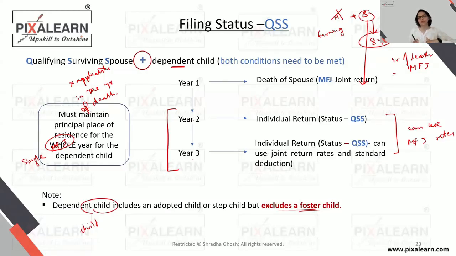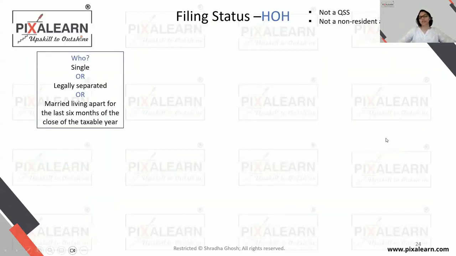For 2 years subsequent to the year of death, you can have a qualifying surviving spouse status, provided you must have maintained a house which for the entire year was a principal place of residence for a child who is dependent on you. Child will include your child, your stepchild, your adopted child, but it will not include a foster child. Now, when I say maintaining a home, what do you mean by maintaining a home? We'll talk about it. But before that, let's talk about what is an HOH status.